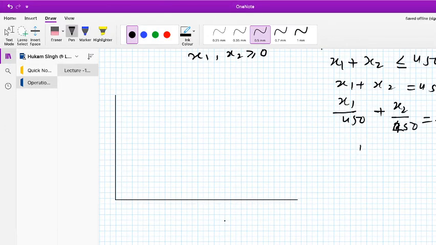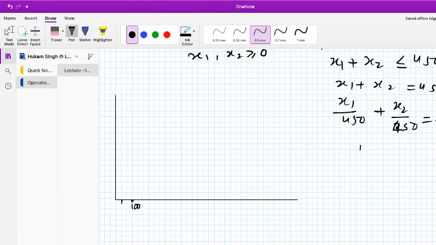So let us assume that one of the boxes is equal to 50 points. So this is 50, this is 100, again here we can write 100.